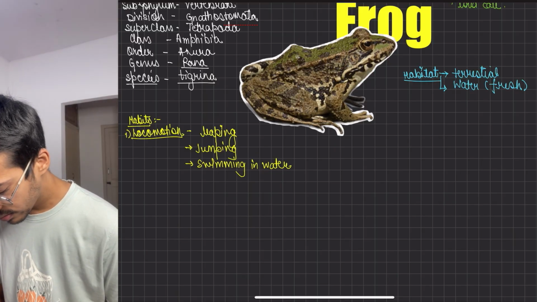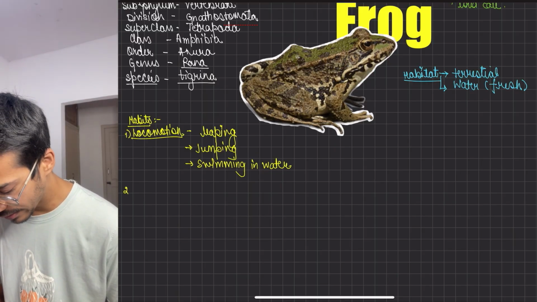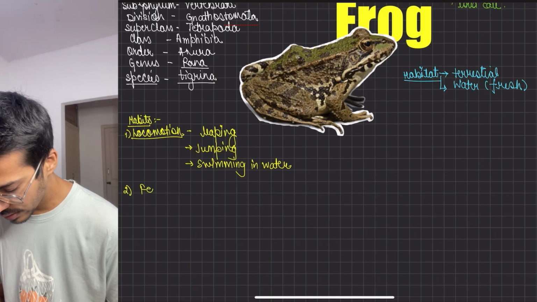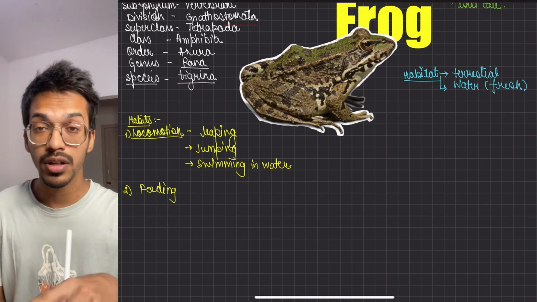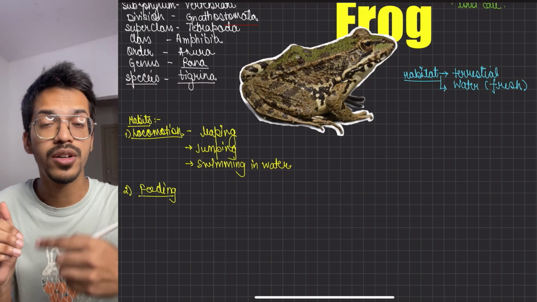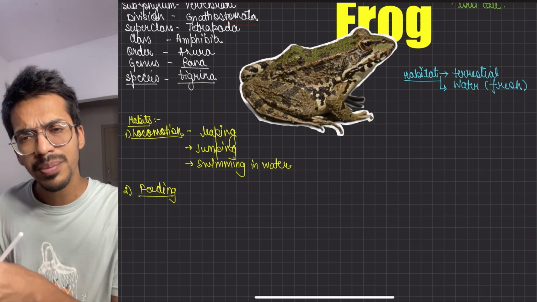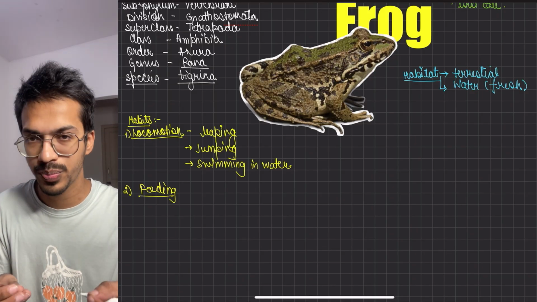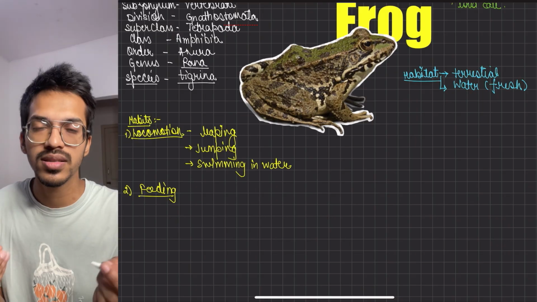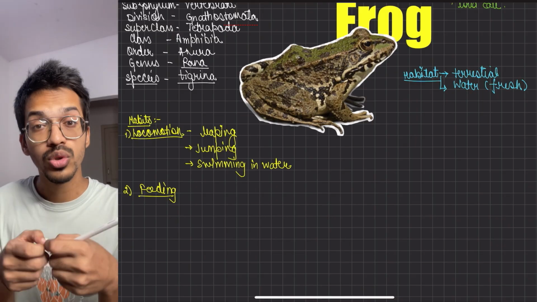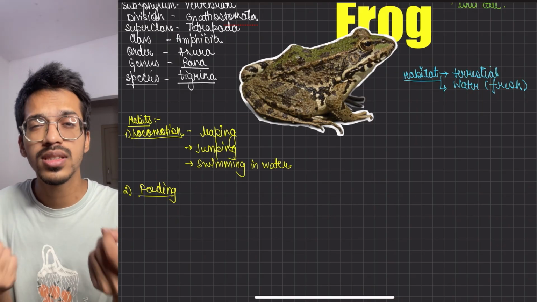Okay, then after habitat, feeding. Now in feeding, this is very important: the larva, the baby, before it forms the adult version, is herbivorous. And one characteristic of herbivores is that the intestine is longer. So the larva has a longer intestine because it is herbivorous.